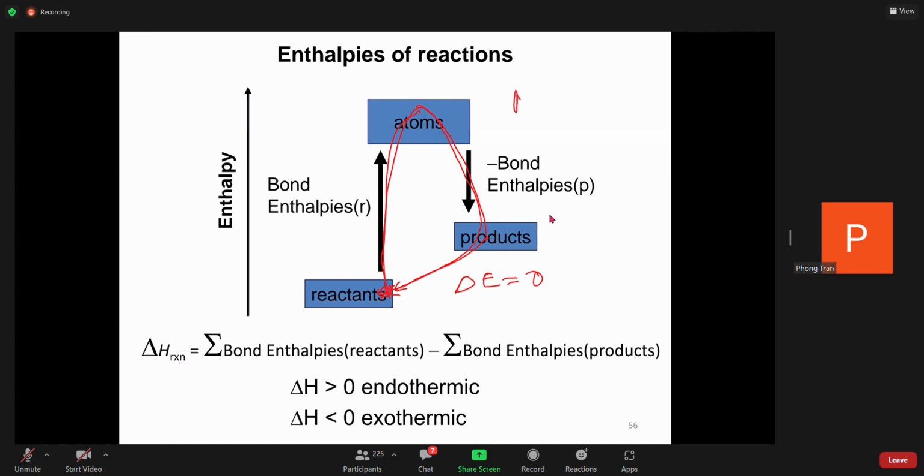By doing so, you will have the enthalpy of the reaction, that means from reactant to the product. From the reactant, you make single atoms, and from the atoms to product, you see that you go around one circle like this. So then the delta H, the enthalpy of reaction, will be equal to the bond enthalpy of the reactant minus the bond enthalpy of the product.